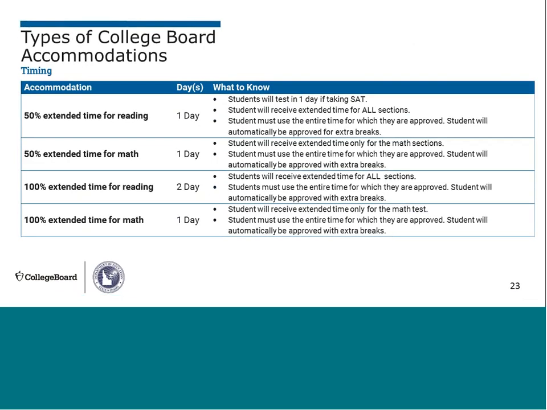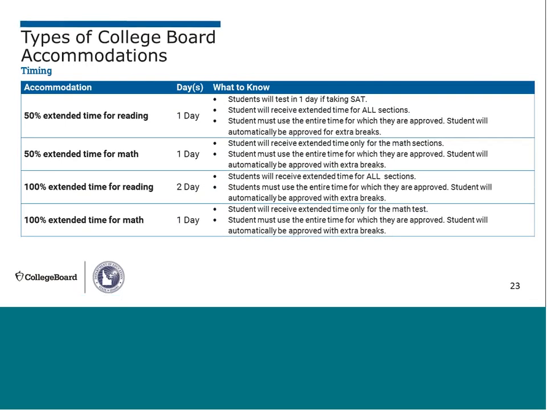So let's look at those timing options. We have both 50 and 100% extended time. In the SSD online system, you'll also see more than 100% extended time, but the most common ones are 50 and 100%. Here you'll see that there's a variation in the duration of testing. If a student is testing 50% extended time for reading, that's going to be a one-day accommodation.